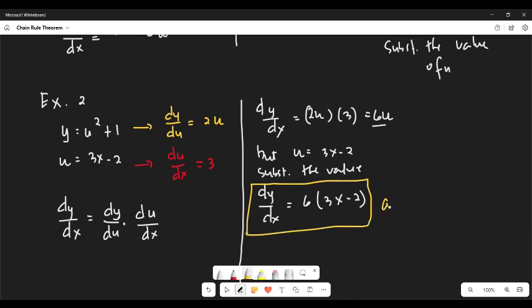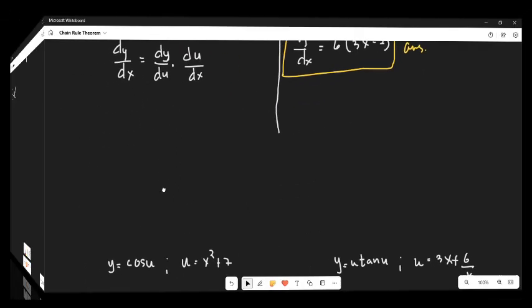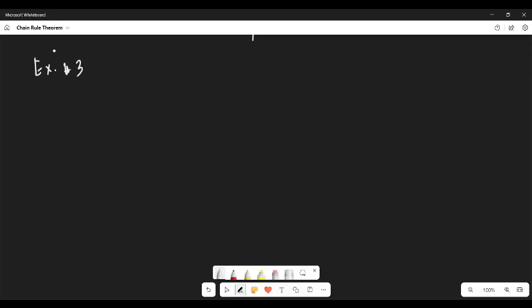We're ready for our next example, example number 3. Example number 3 says that y is equal to 2u squared minus u plus 5, and the next function is u equal to 1 minus x squared.